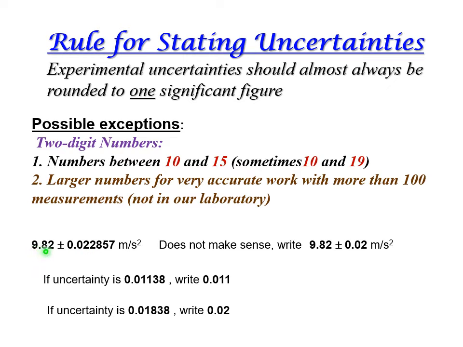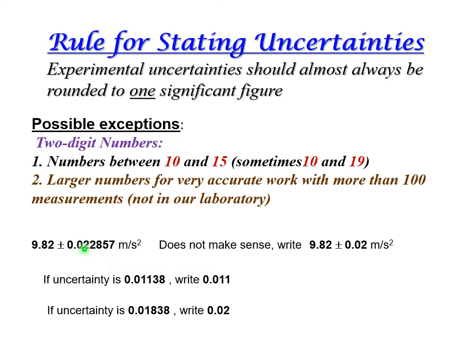Say you have the number 9.82 meters per square second. Actually, it's gravity acceleration at Earth's surface, and there is an error provided as a five-digit number.